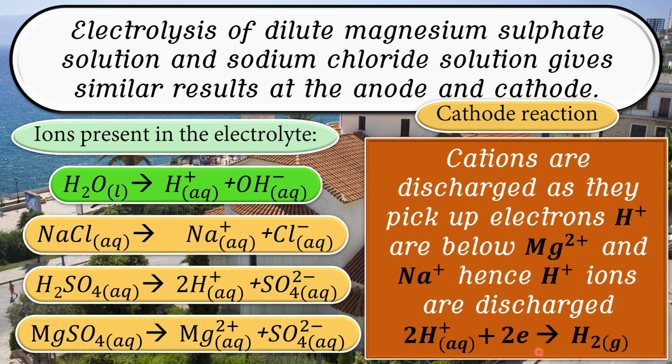After receiving electrons, they will produce hydrogen gas, which is going to be collected at the cathode terminal. So at our cathode, all the positively charged ions move towards the cathode, and it is only the hydrogen ions that are going to be discharged because they are below sodium and magnesium ions in the electrochemical series.